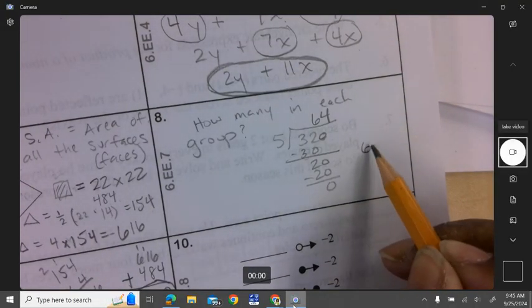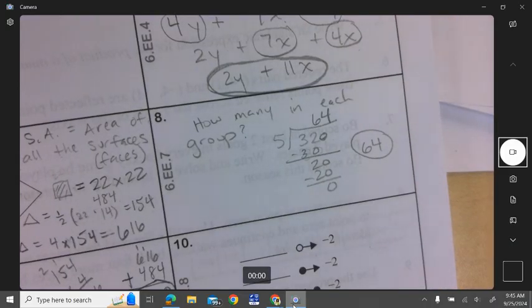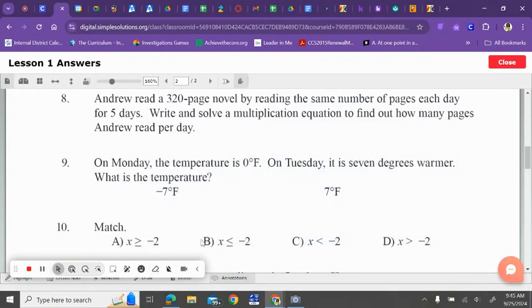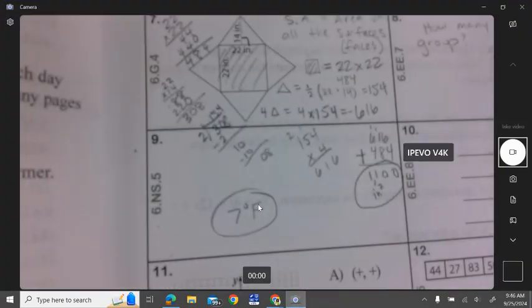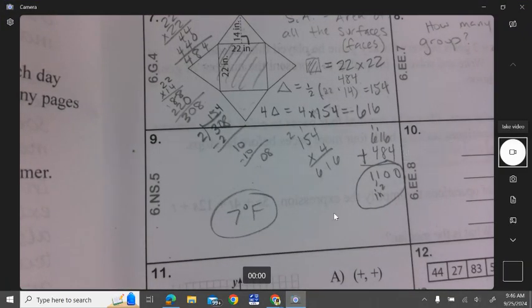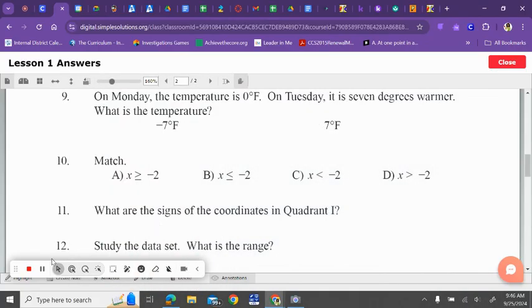And so the answer is 64. For the next one, it says that it's 7 degrees warmer. So your answer is going to be there, because of warmer.